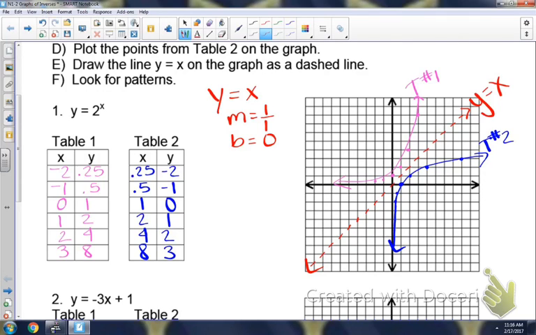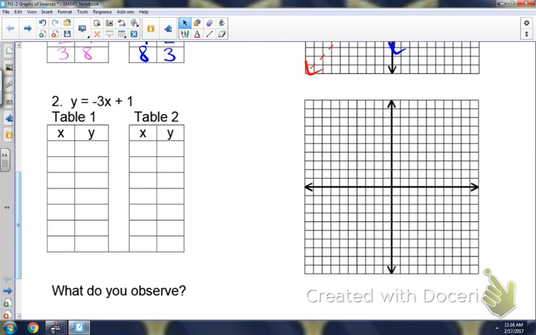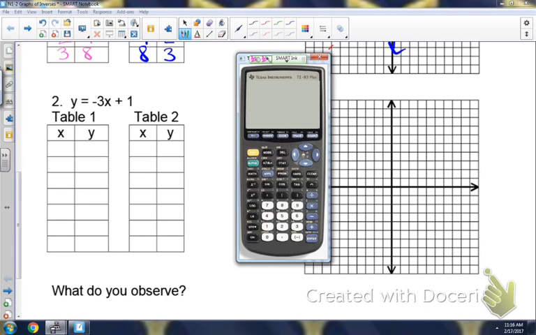Okay, so we're going to move on to number 2, and then we're going to look for a pattern. Notice number 2, we have a linear equation, so it should be a straight line when we graph it. You can either use slope and y-intercept, graph it that way, or use the calculator.